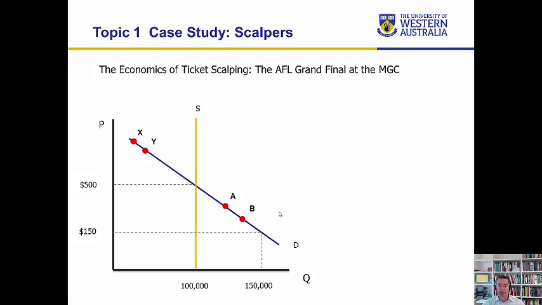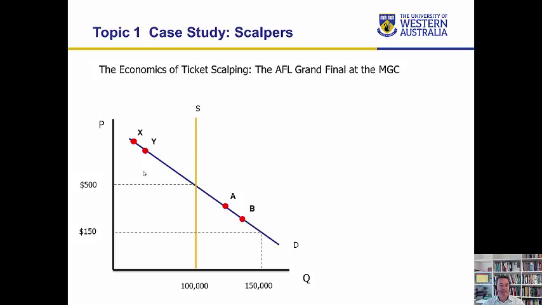You've got some seats have better views than others, but I'm assuming that all seats are the same, just for simplicity. Person A, that person is roughly person 120,000. So person A, in terms of the market for these tickets, has the 120,000th highest willingness to pay.